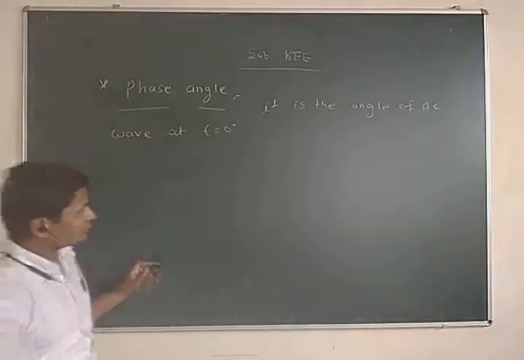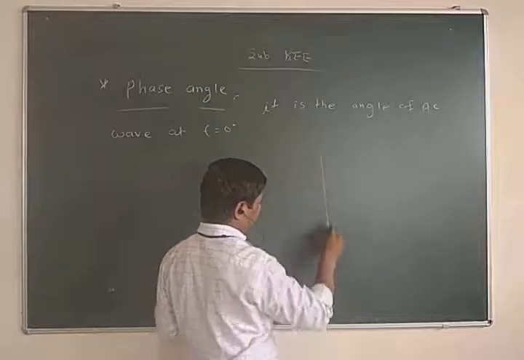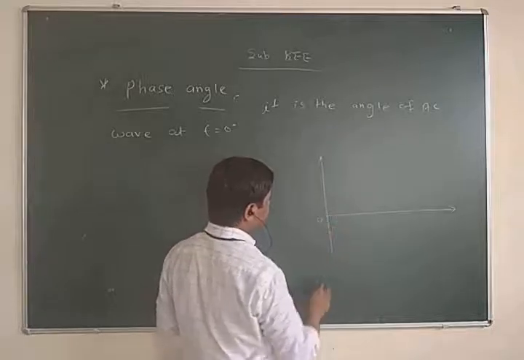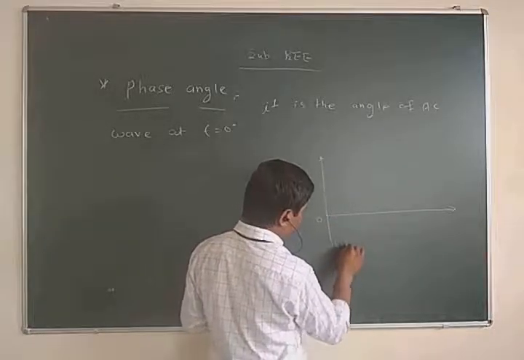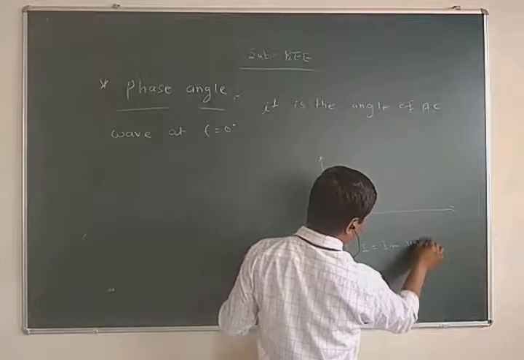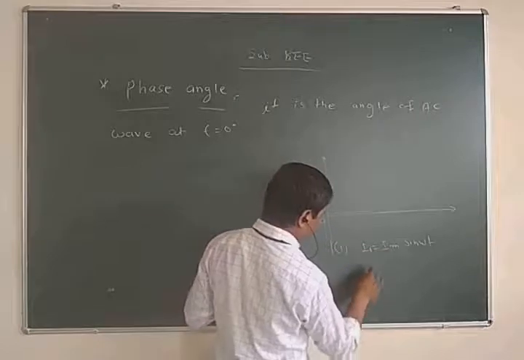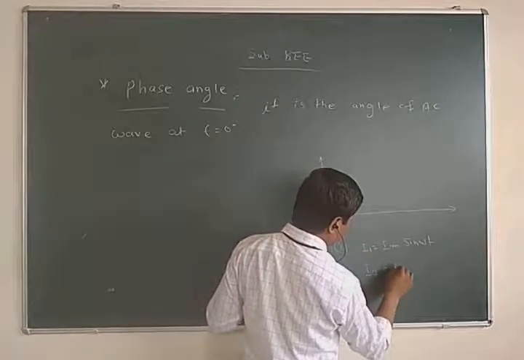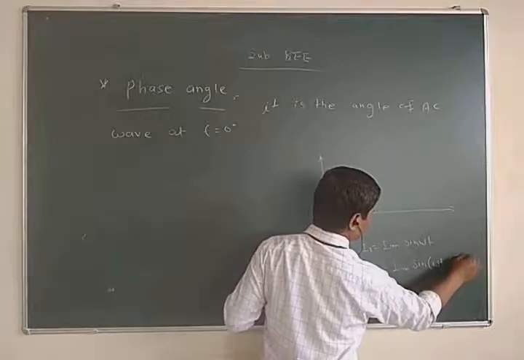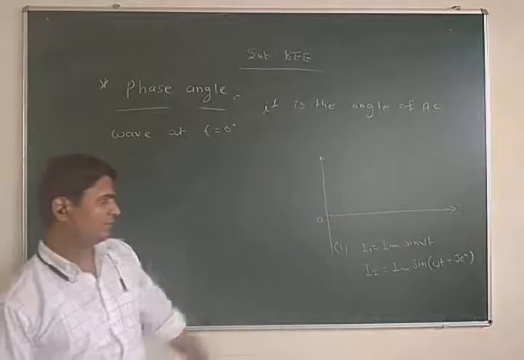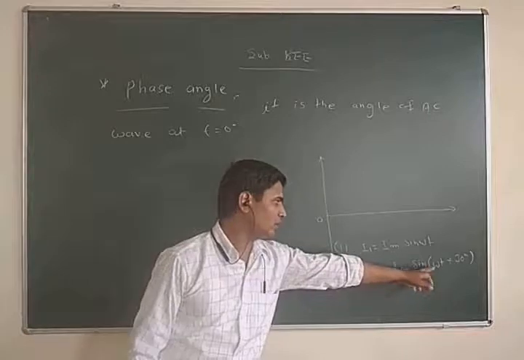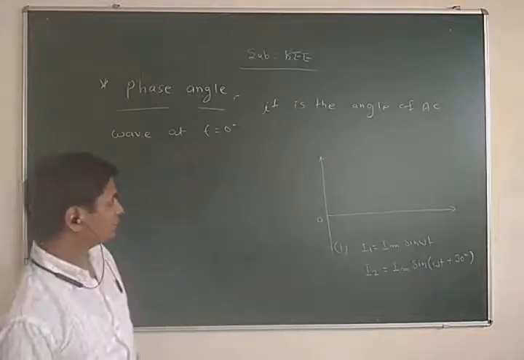Now for example, we take this one here. I1 is equal to Im sin omega t, and I2 is equal to Im sin (omega t plus 30 degree).